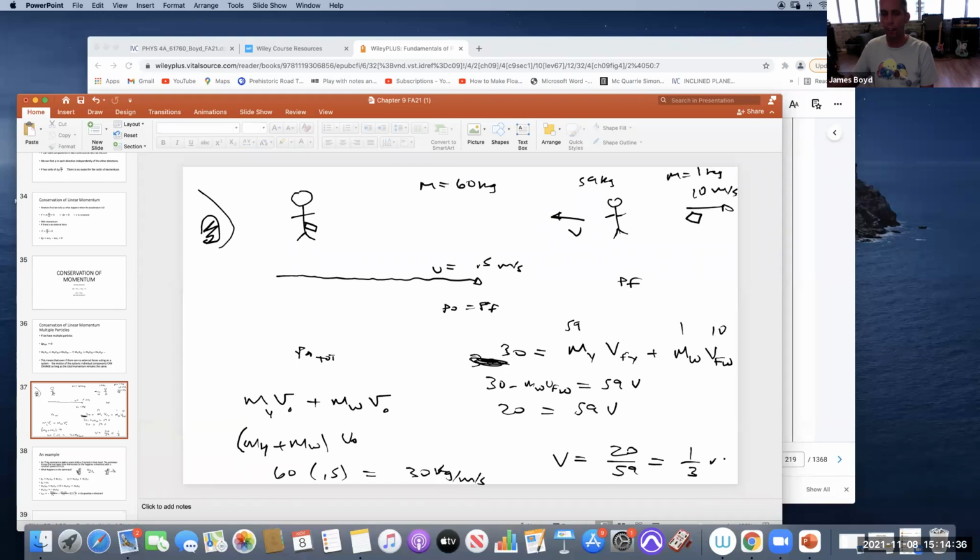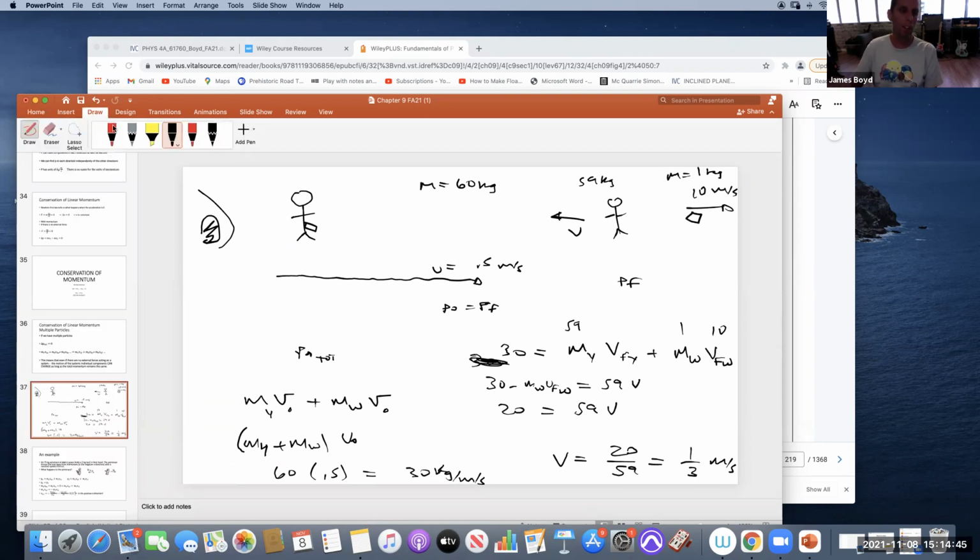Let's call it a third of a meter per second. Unfortunately, that means that you are going to drift out into space forever, because your velocity is still positive.